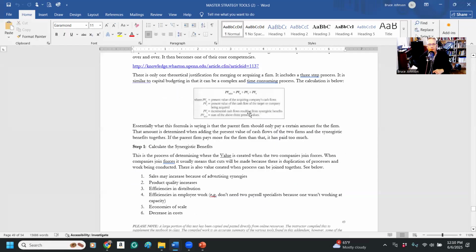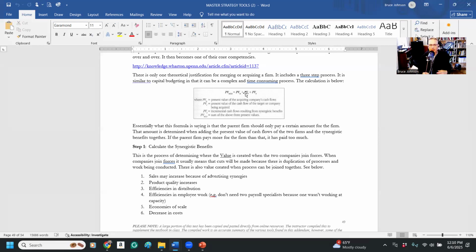Okay, you need to know the only theoretical reason to merge or acquire a firm is when the value together of the acquiring firm, the target firm, and the synergistic benefits is more than the sum of the parts. So right away, synergy should be the biggest reason that drives a merger or acquisition.